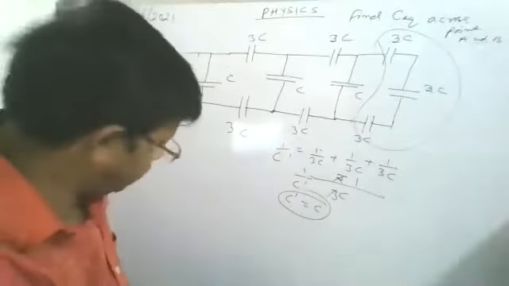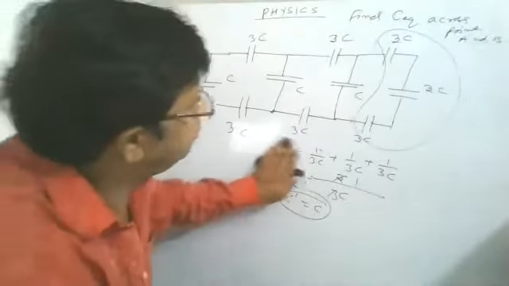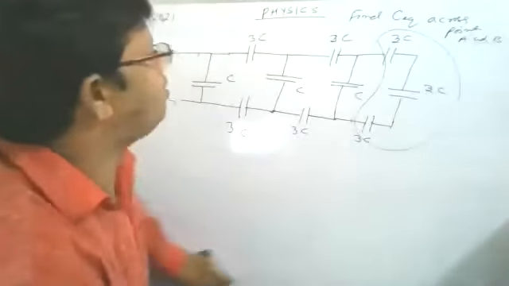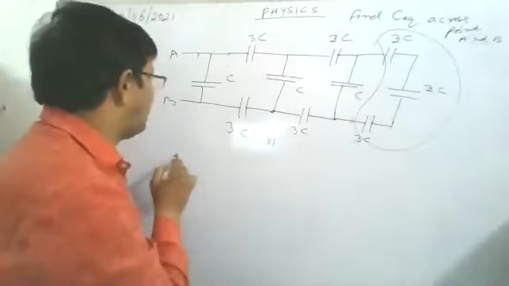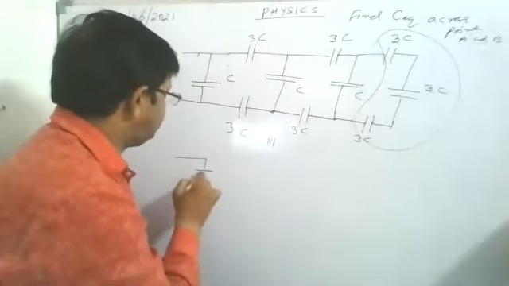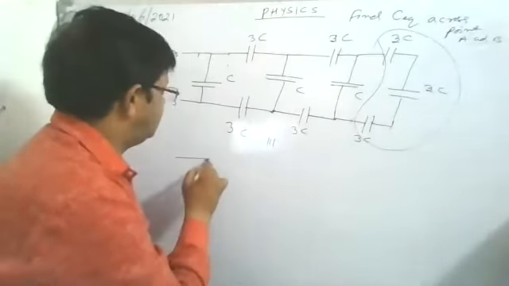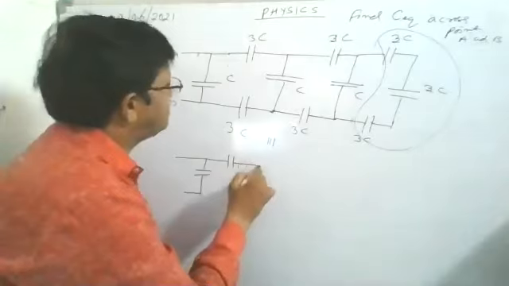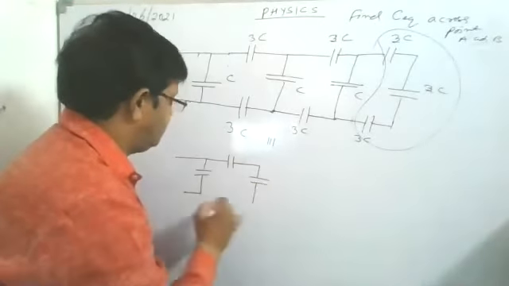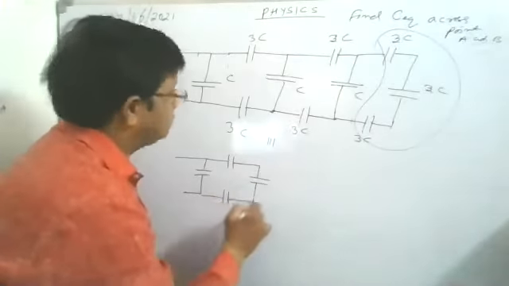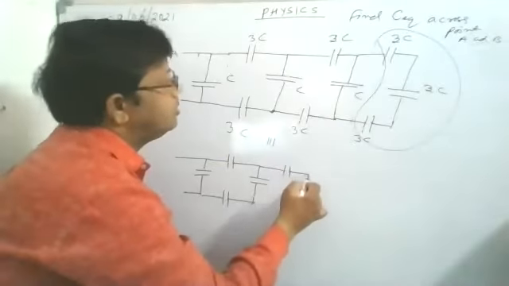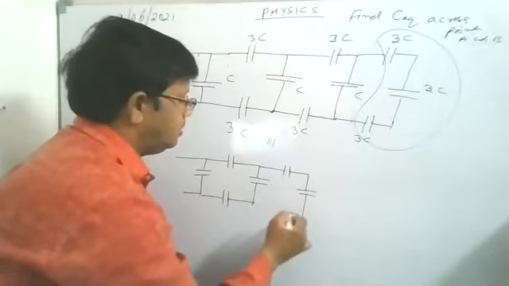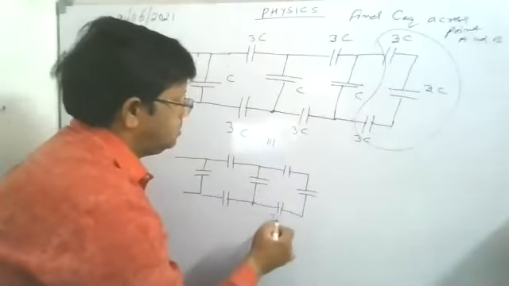After solving this one, you will draw the circuit again like this. In the next step, you draw this circuit with A and B, further drawing 3C, C, 3C.